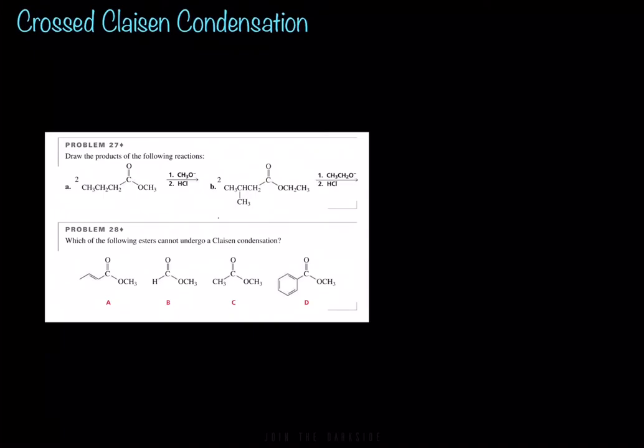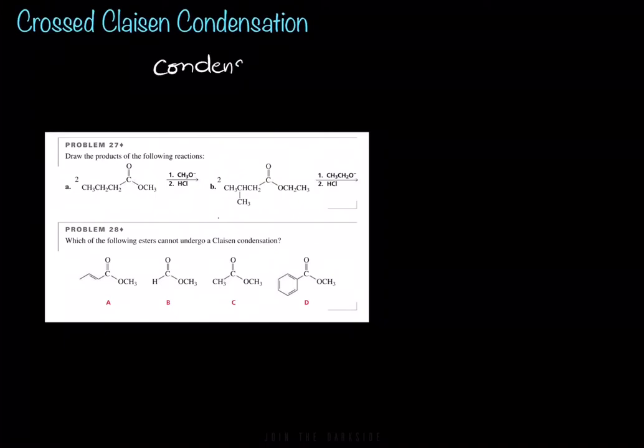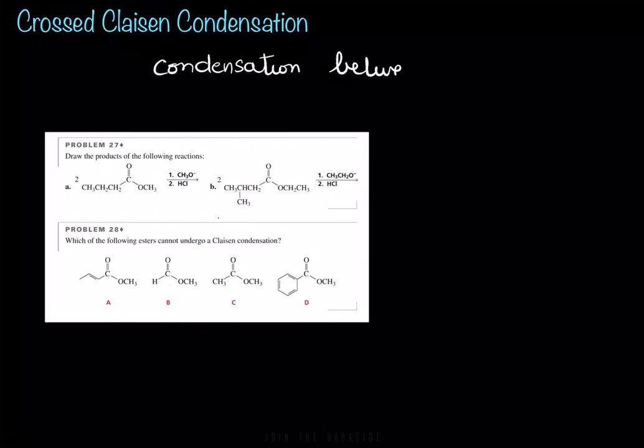Here is a problem for you to do, and I definitely want you to attempt this problem to get prepared for the exam. So crossed Claisen condensation is the condensation between two different esters.